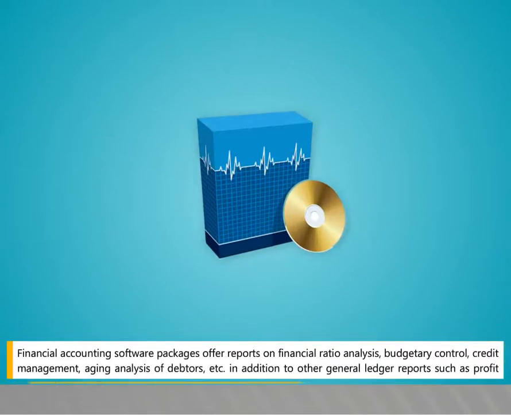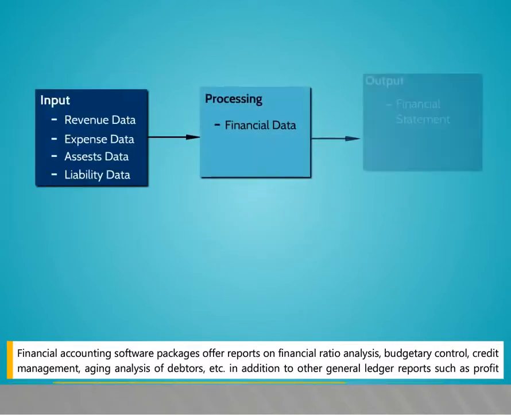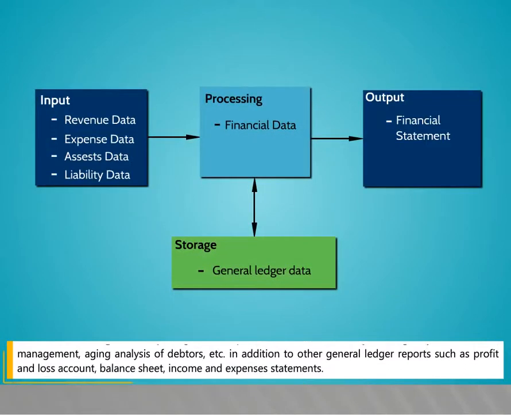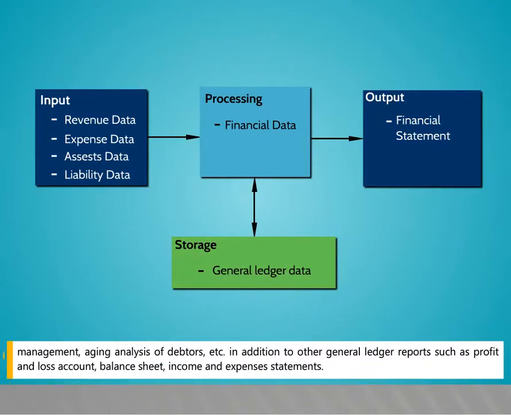Financial accounting software packages offer reports on financial ratio analysis, budgetary control, credit management, aging analysis of debtors, etc., in addition to other general ledger reports such as profit and loss account, balance sheet, income and expenses statements.